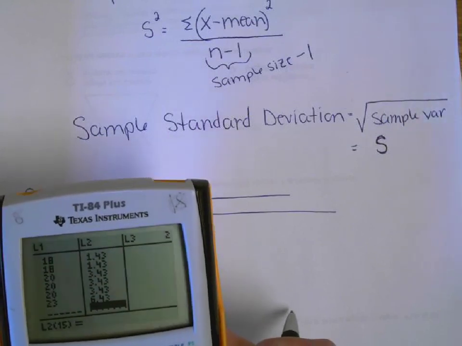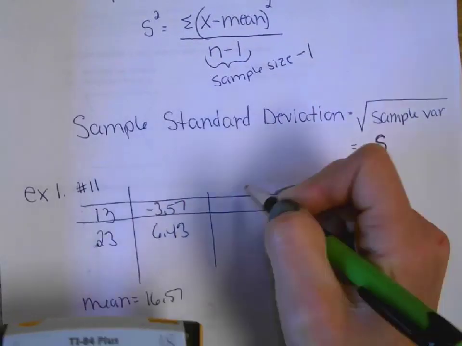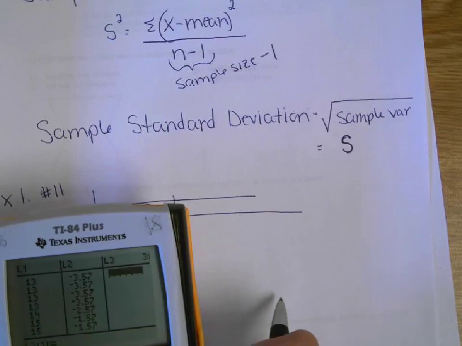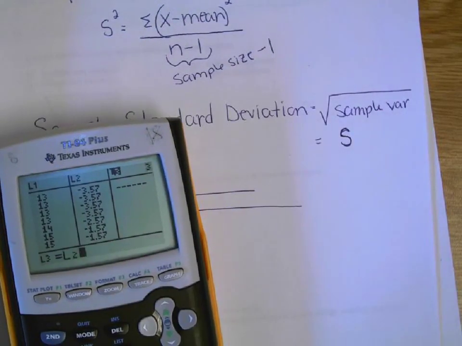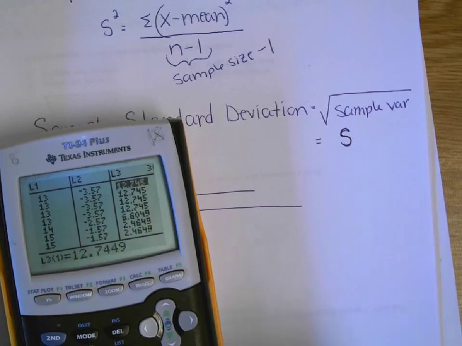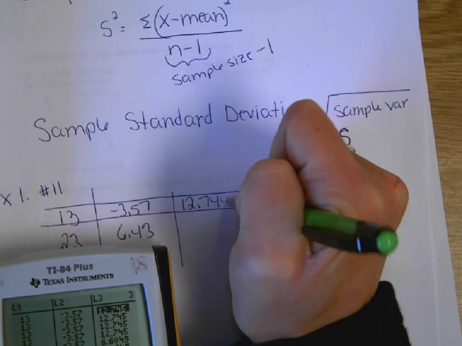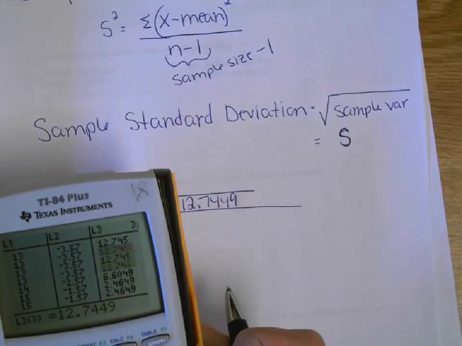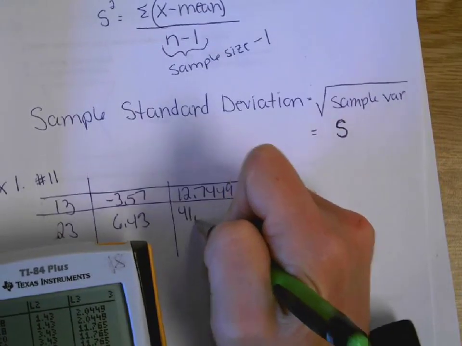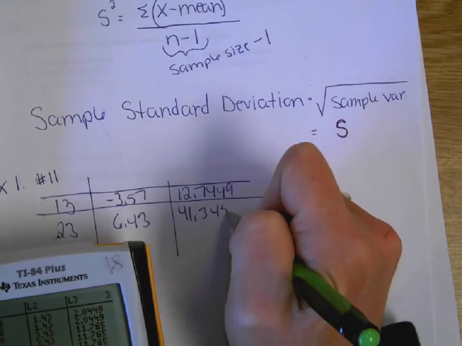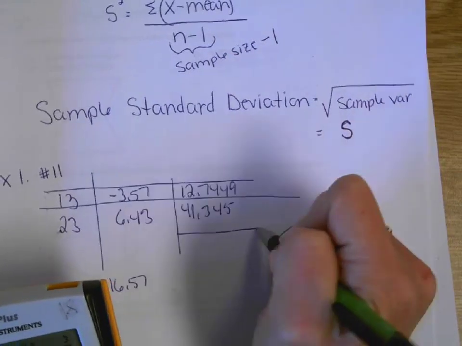If those are right, everything in the middle's got to be right. Now we want to square those. So I say take everything in L2, square. 12.7449 and 41.345.